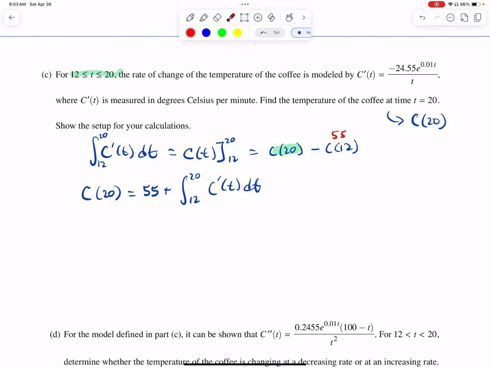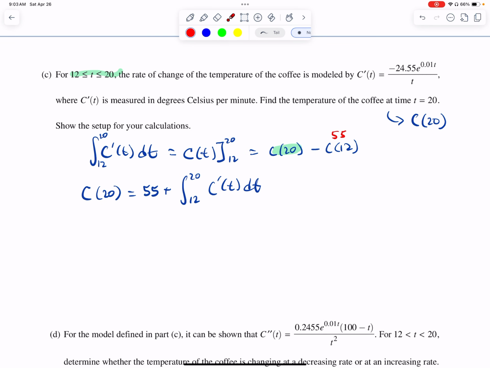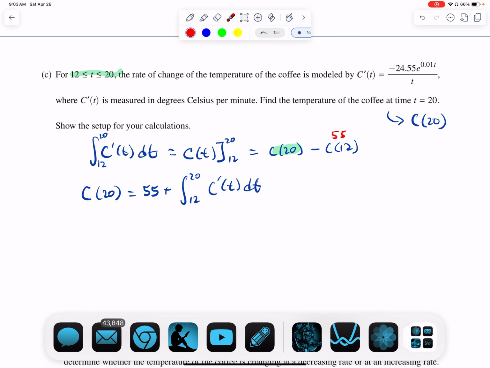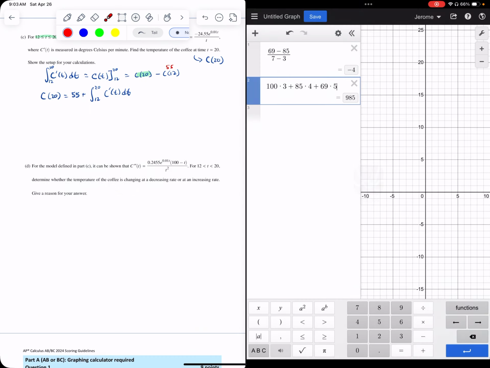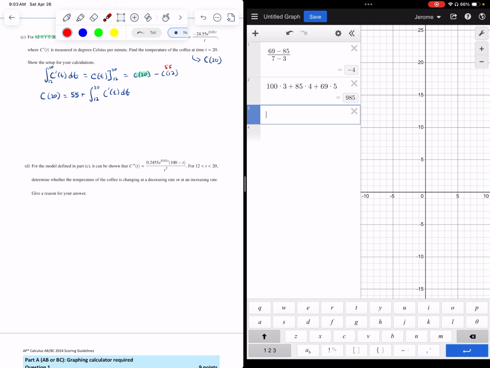Oh, I do need to plug in that equation, don't I? And when you plug this thing in, of course, use just the x's, not the t's, and don't put in a C prime. So whatever it is that you want to call your equation, it could be y, it could be f of x. I tend to use f of x, but we'll use C because it is coffee.